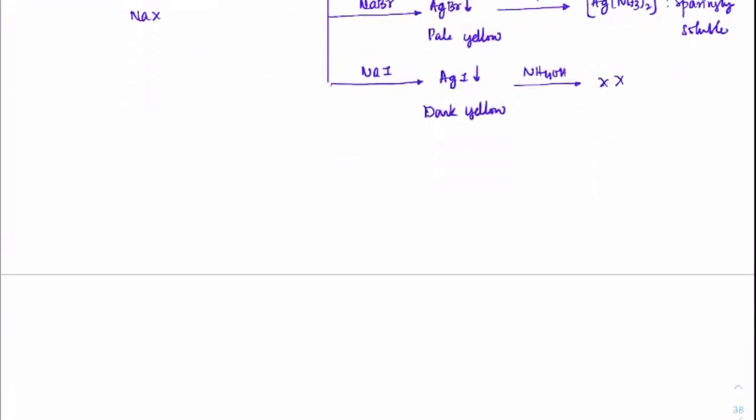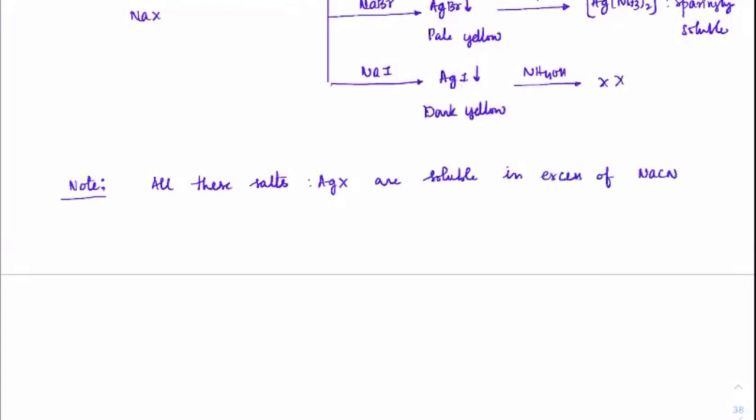Another thing you have to learn, just take it as a note, because it will help you in inorganic from now itself. All these salts which we have discussed, AgCl, AgBr or AgI, which I'll write as AgX, are soluble in excess of NaCN.